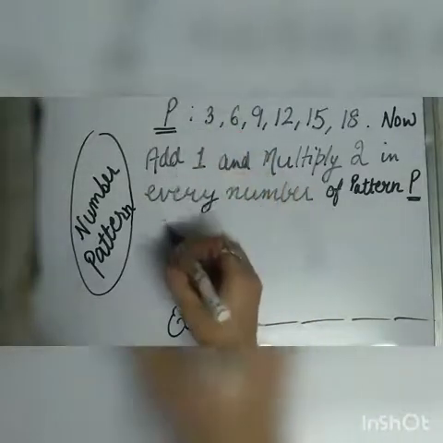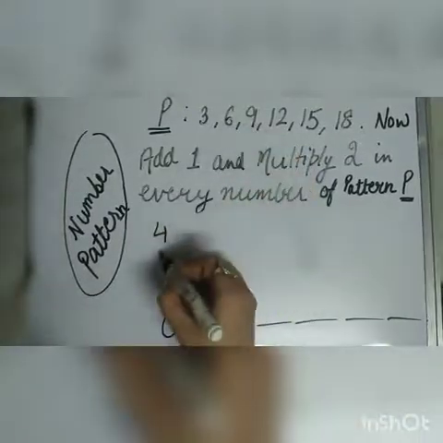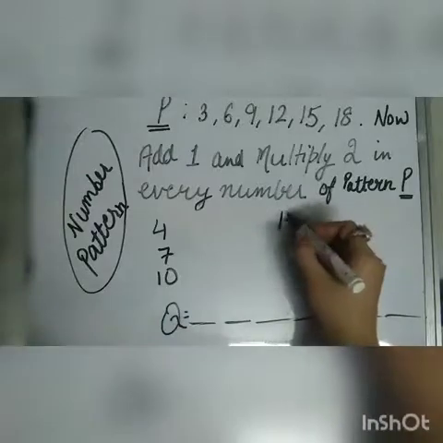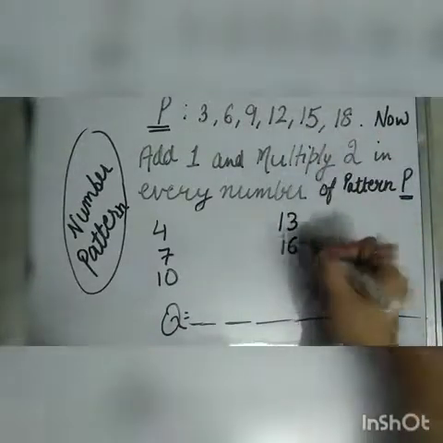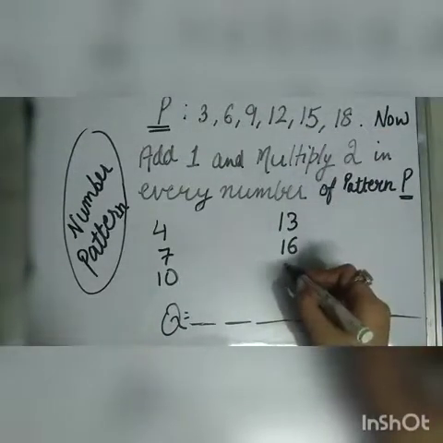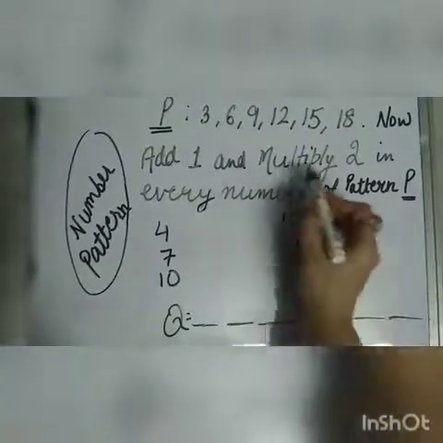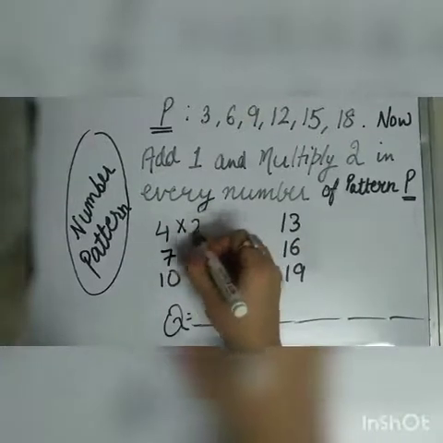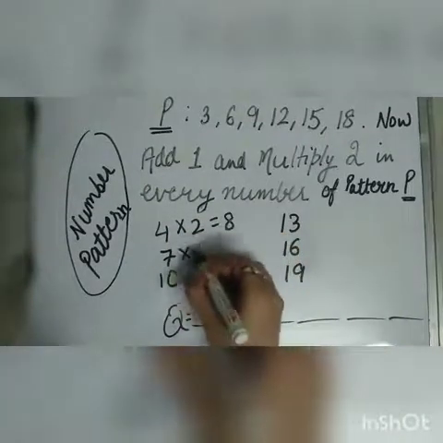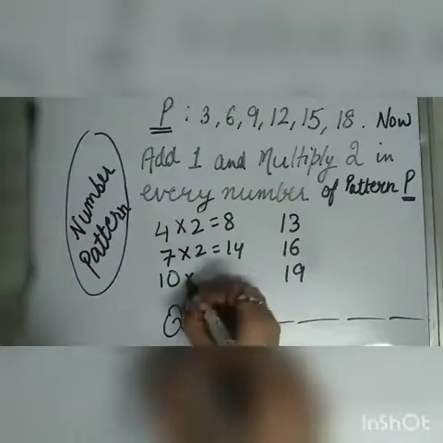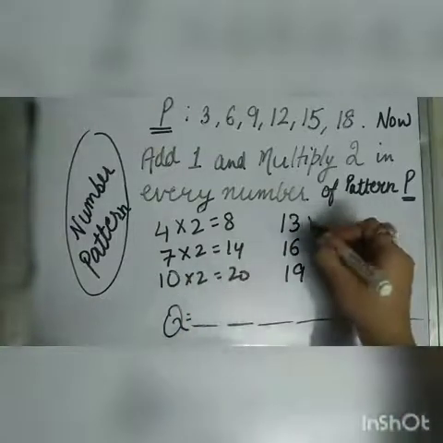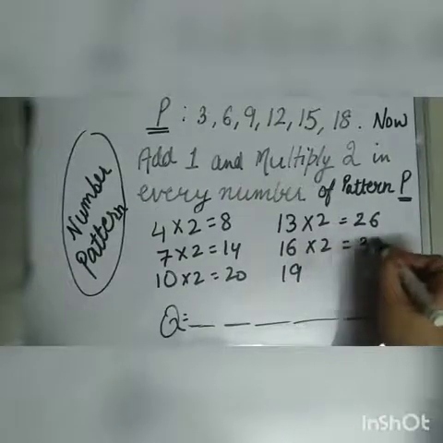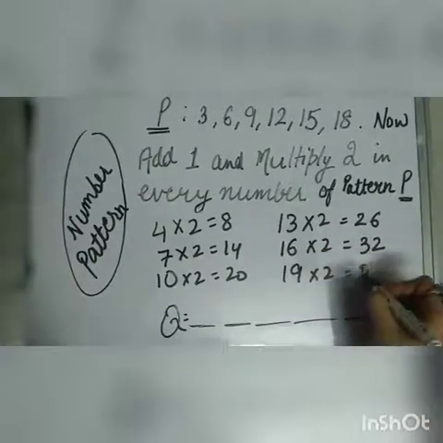Add 1. 3 plus 1 is 4, 6 plus 1 is 7, 9 plus 1 is 10, 12 plus 1 is 13, 15 plus 1 is 16, 18 plus 1 is 19. Now multiply every number by 2. 4 twos are 8, 7 twos are 14, 10 twos are 20, 13 twos are 26, 16 twos are 32, 19 twos are 38.